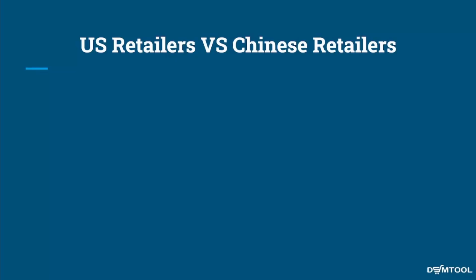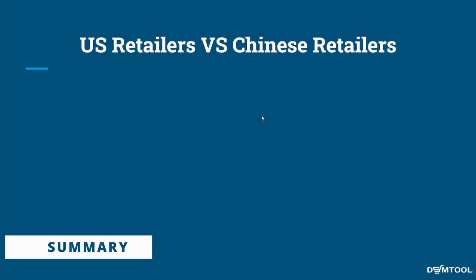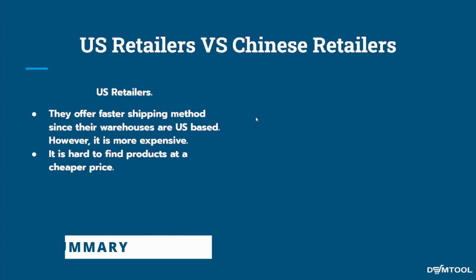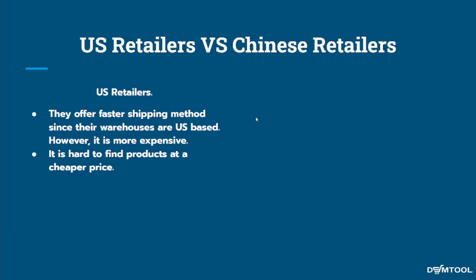So to give you a quick idea, US retailers offer faster shipping, especially if you're dropshipping within the US, because they have their warehouse based in the USA. However, as you can read here, it is more expensive when it comes to finding a product. So you can find a good product on eBay, but if you source it from a US retailer, you will maybe not find it at a lower price.